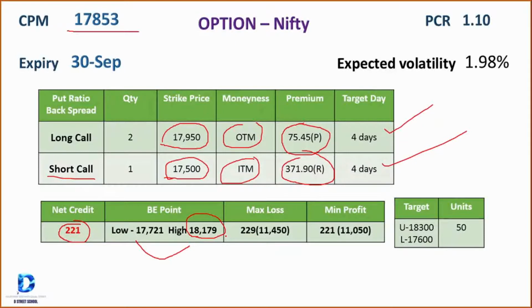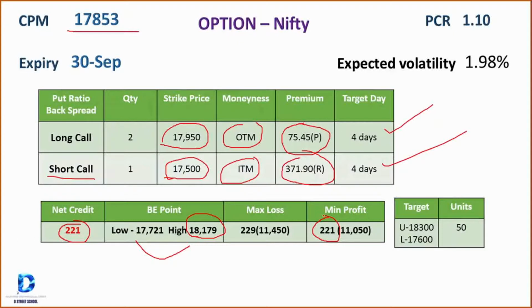What is the minimum profit we will book? As we know, with this strategy, if the market goes against our prediction, we will be left with a limited profit. That is 221 rupees. Our market view is that we are expecting the market to go upside.